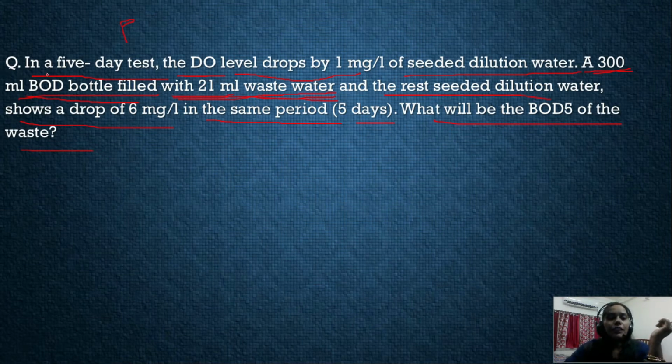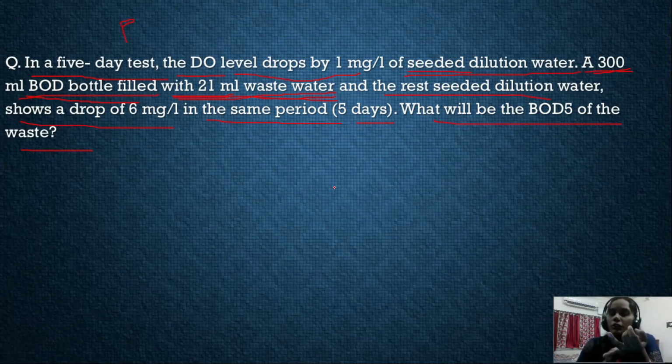First line: in a 5-day test, the DO level drops by 1 milligram per liter of seeded dilution water. Now, what do you mean by seeded? Seeded means, this is a BOD reaction. In a BOD reaction, what things do we require?